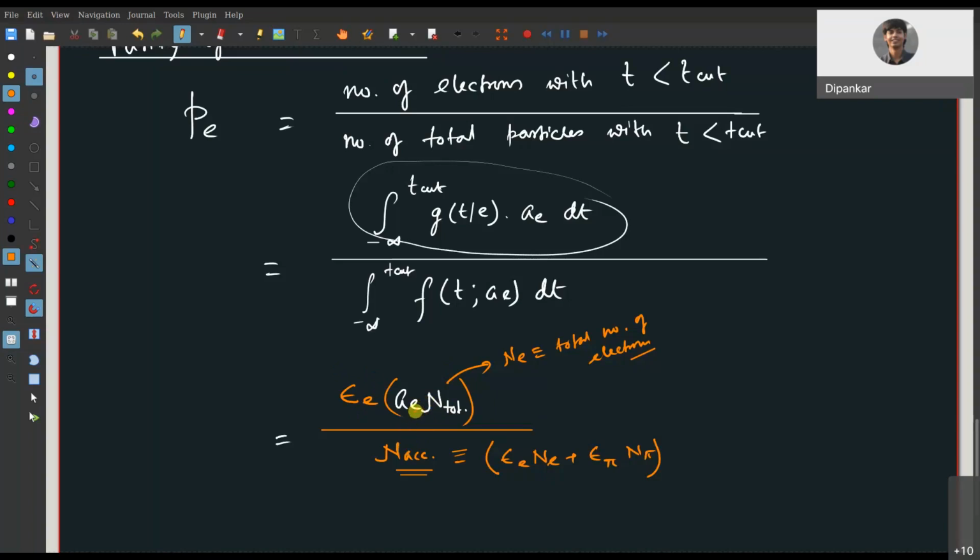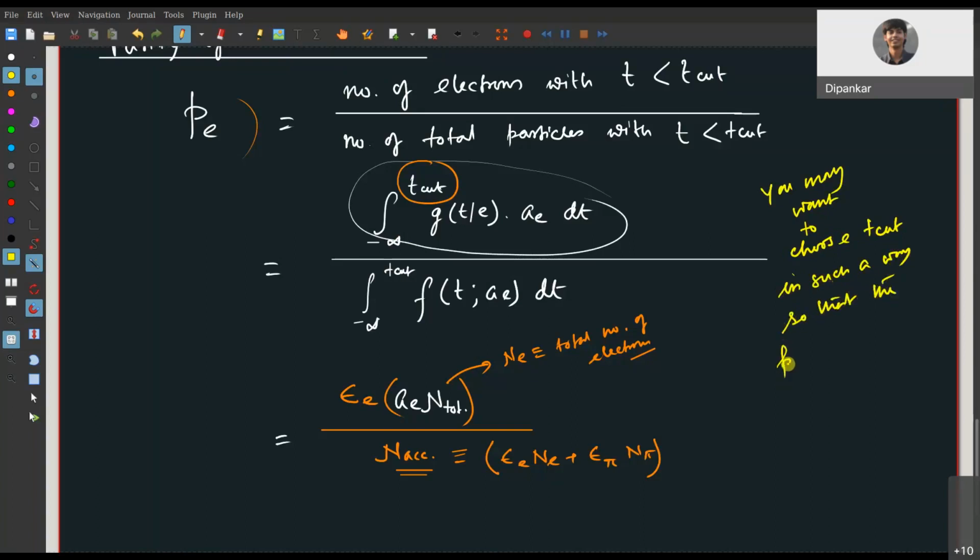Then you can try to choose a T cut in such a way that the purity of the sample is maximized.